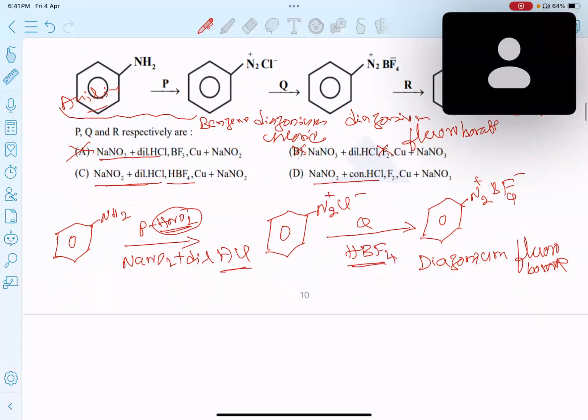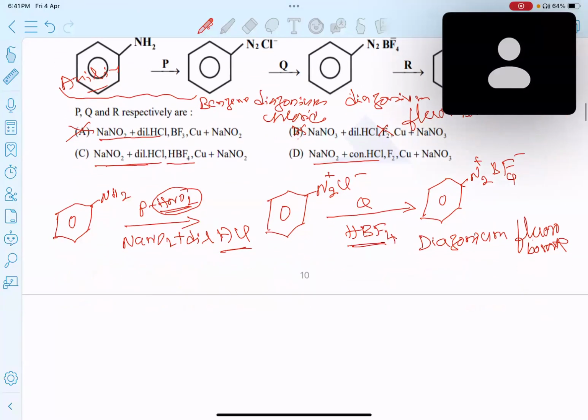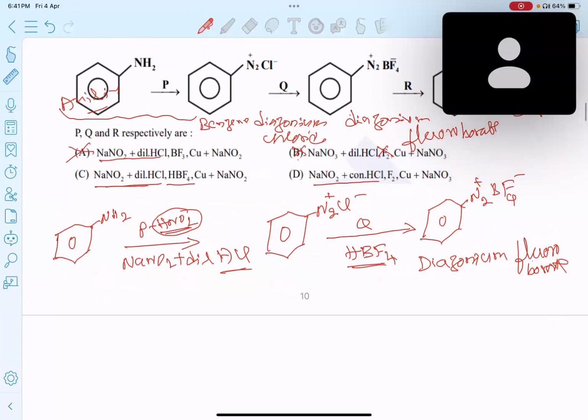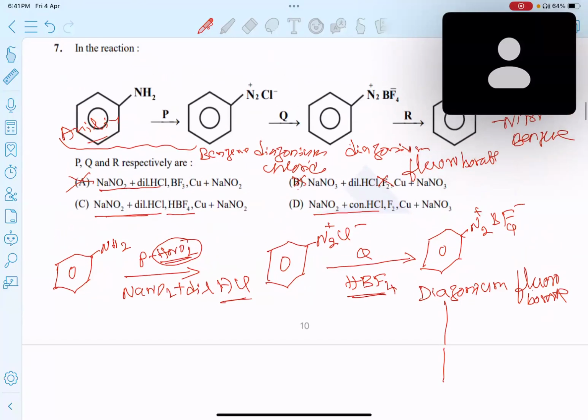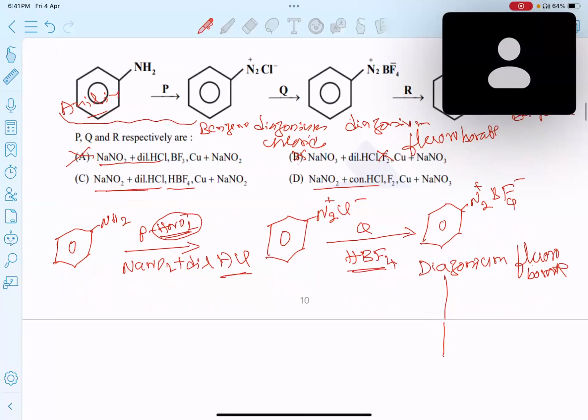Next, let us check R. When diazonium fluoroborate is treated with R, it gives nitrobenzene, which means replacement of the diazo group by a nitro group. So what is the reagent used to replace the diazo group by a nitro group?